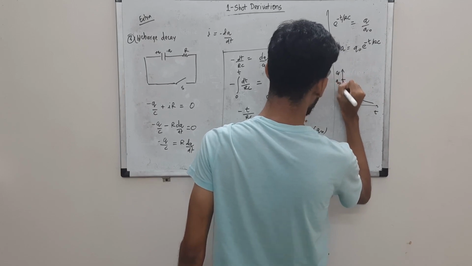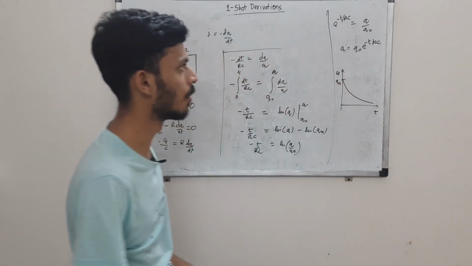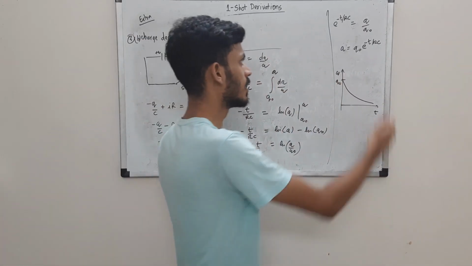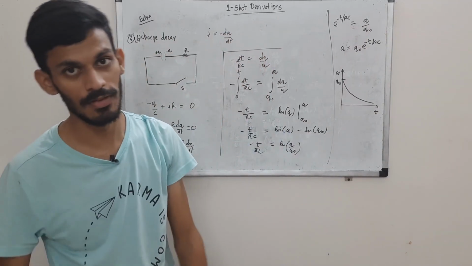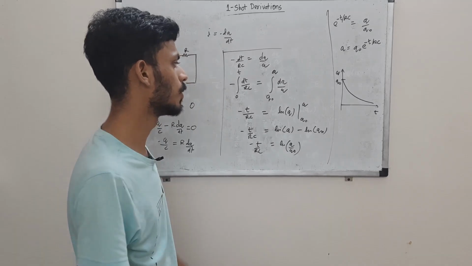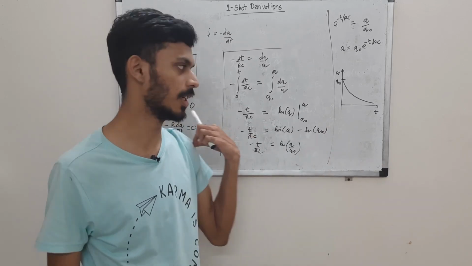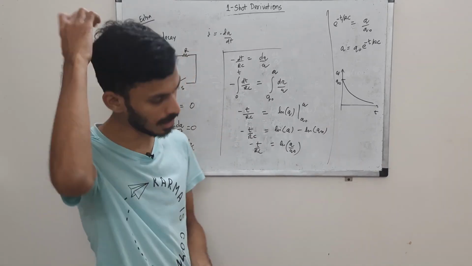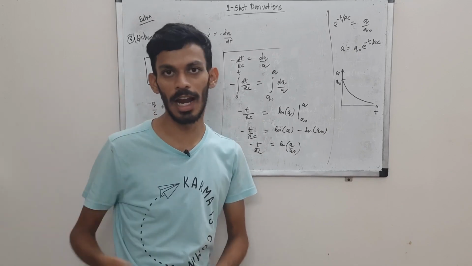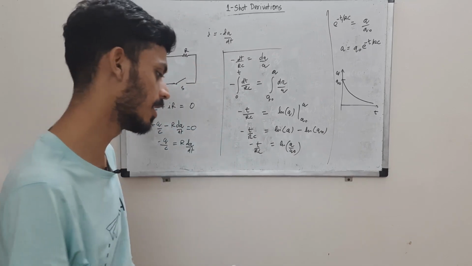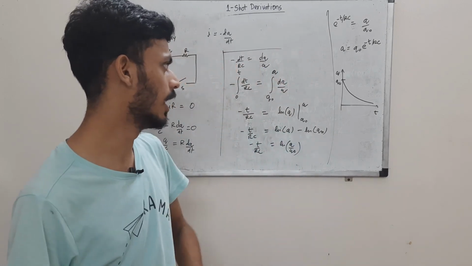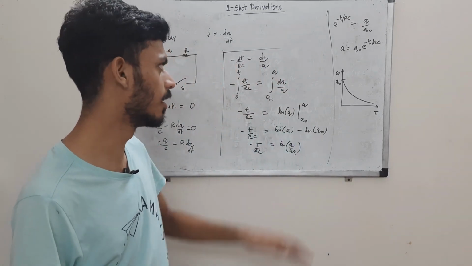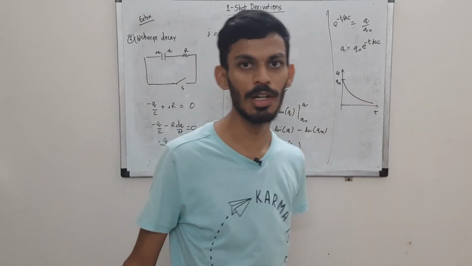It starts from q naught and finally goes to 0. When t becomes infinity, this term e raised to minus infinity is 0, so it will become 0 at infinity. Similarly, in the growth case, it will become Q naught at infinity. It actually charges to 99.9%, and that we call steady state. Here from steady state it is going to 0 charge.